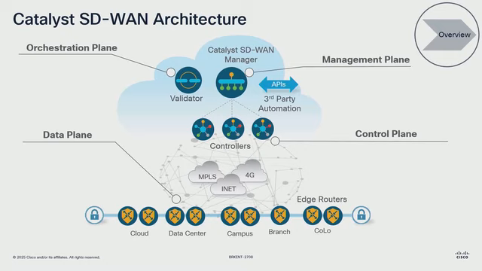All of the orchestration and automation happens up in this orchestration plane. By the way, this can either be a SaaS offering, a Catalyst SD-WAN Manager SaaS, where Cisco hosts it. I recommend that because then we keep it up to date and there's less care and feeding. Or you can host this yourself, either on-prem or in AWS or some such thing if you prefer.